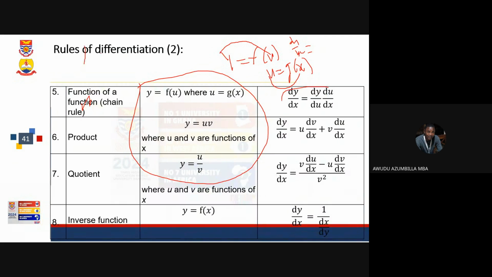That is the formula that we have. So if you have a function within a function, you use what we call the chain rule. We are going to apply it very soon, so take note of that.